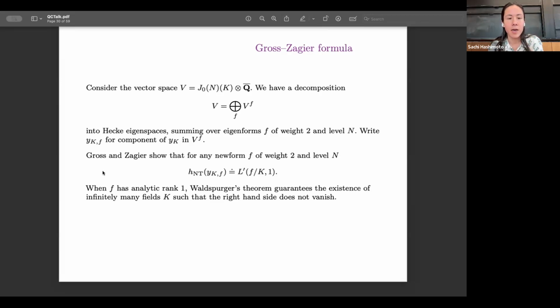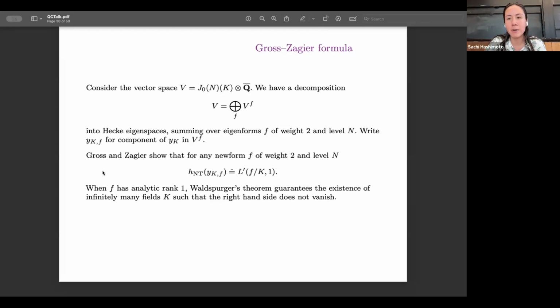And what Waldspurger's theorem tells you is that when f has analytic rank 1, there are actually infinitely many fields where the right-hand side doesn't vanish. What that tells you is that Heegner points generate some part of J_0(N).